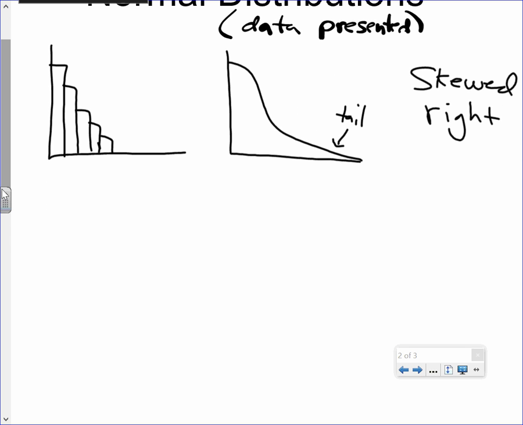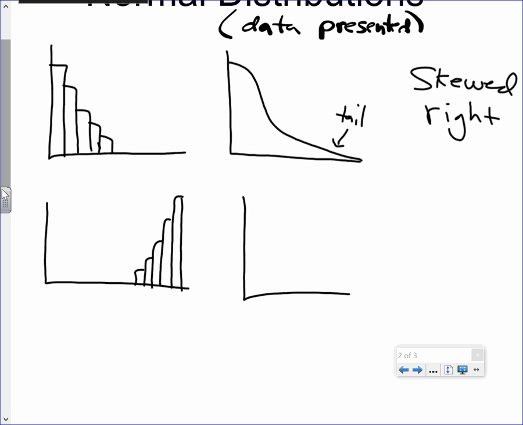Let's do another histogram underneath. Let's do the 5 bars going down this way. 2, 3, 4, 5. Let's form an idealized curve of those bars. It'll look like this.